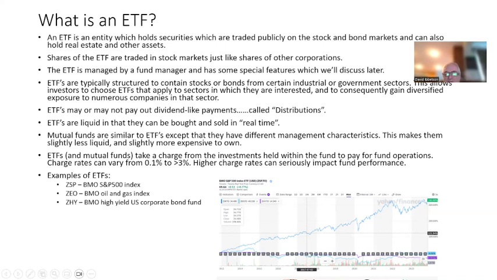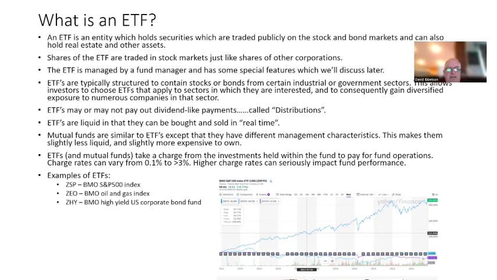And buried down there close to the bottom is ZEO, which is the oil and gas fund that I still own, and ZHY, which was the bond fund that I owned, which has kind of halved in value recently. What do you take away from that? Well, if you're looking for long-term capital growth, ZSP has been by far and away the better investment choice over the last decade. Now, that doesn't mean either of the other two are bad, because here's the rub.